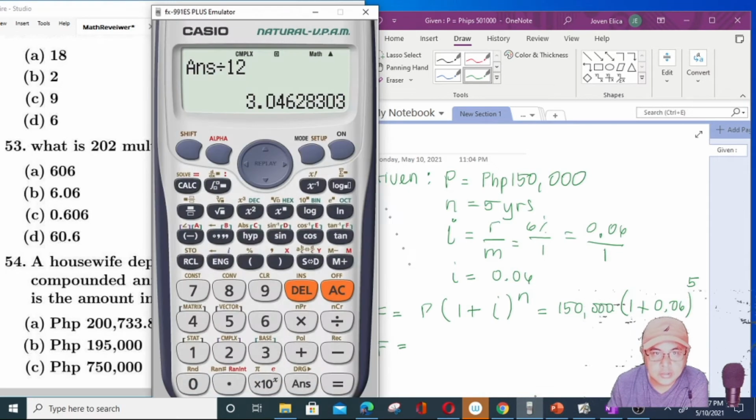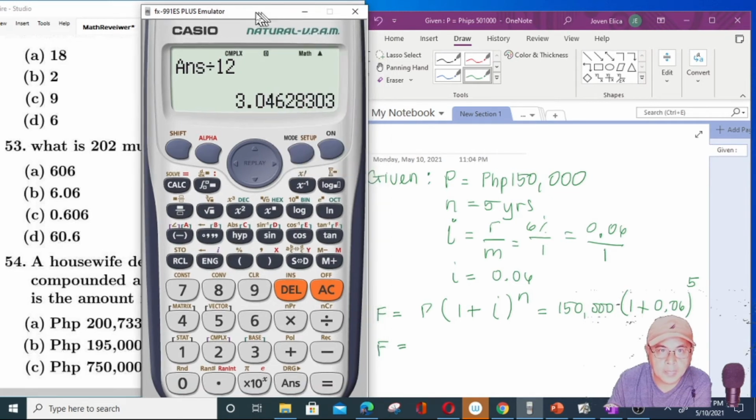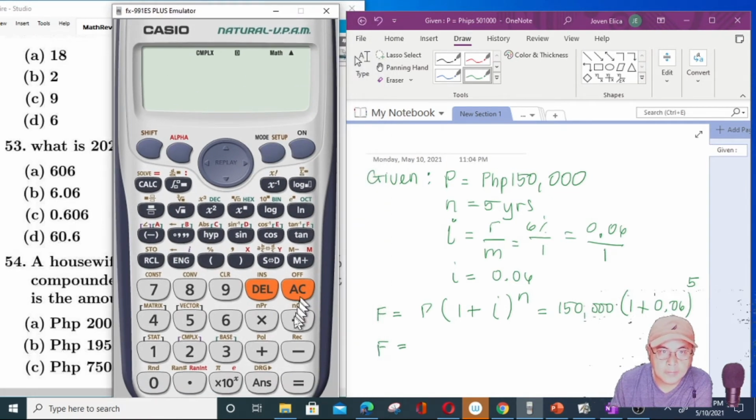Let's use our calculator. One plus 0.06, close parenthesis, then 5.